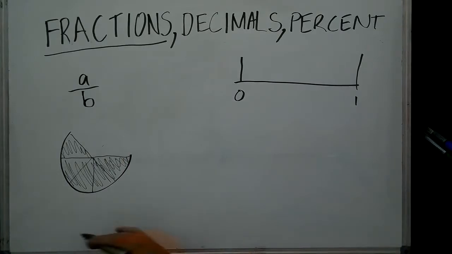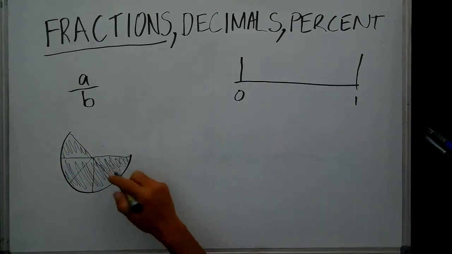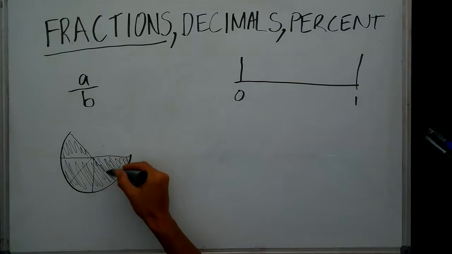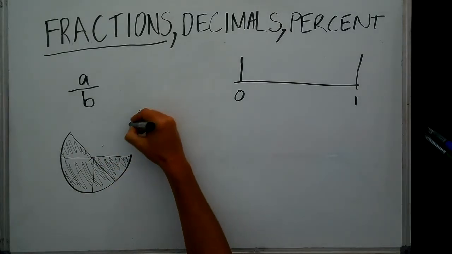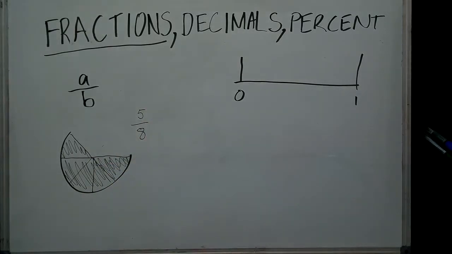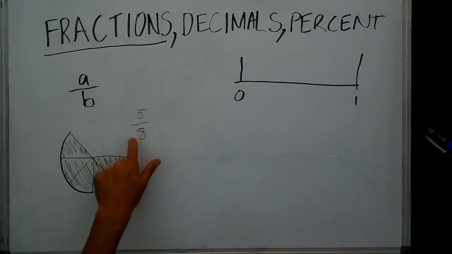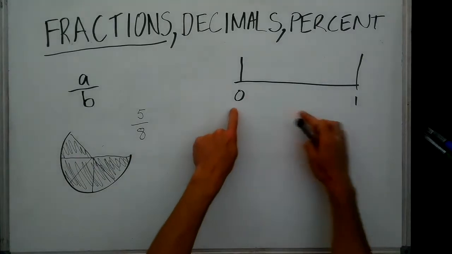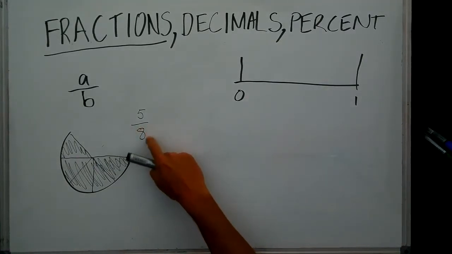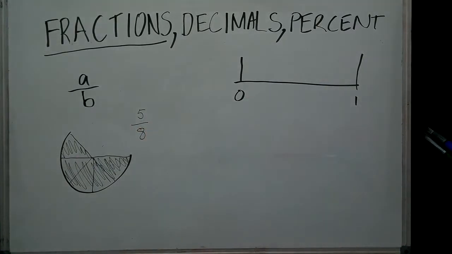So essentially the pizza was cut into 8, and now we have 1, 2, 3, 4, 5 eighths of the pizza. Now, strictly speaking, that's essentially what a fraction is. We're cutting 1 into this many pieces, and we have this many of them.